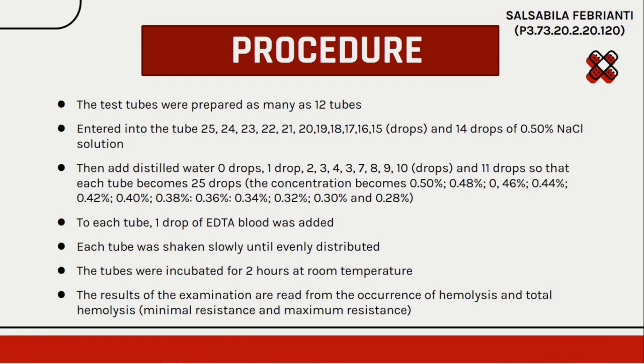Then to each tube, 1 drop of EDTA blood was added. Each tube was shaken slowly until evenly distributed. Then the tubes will be incubated for 2 hours at room temperature. The results of the examination are read from the occurrence of hemolysis and total hemolysis.